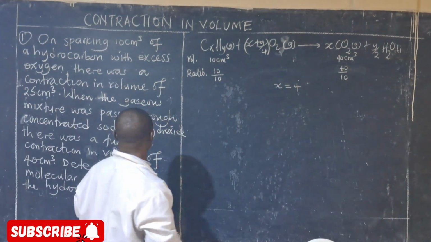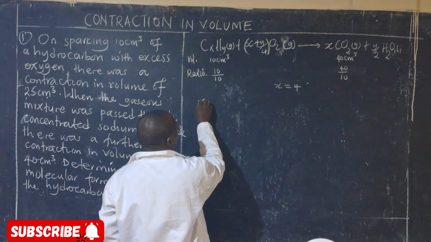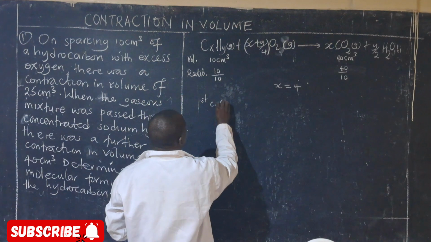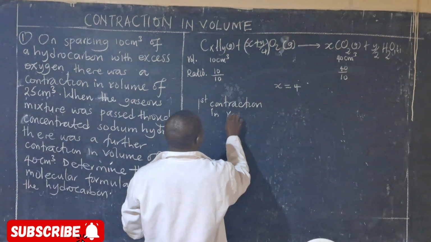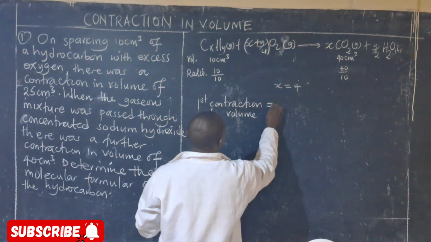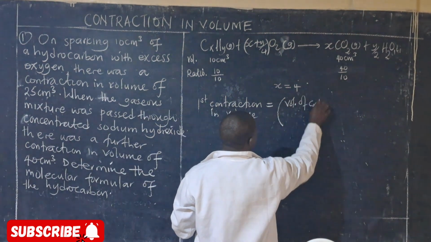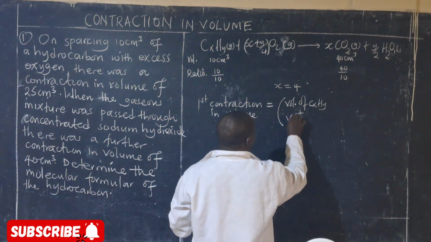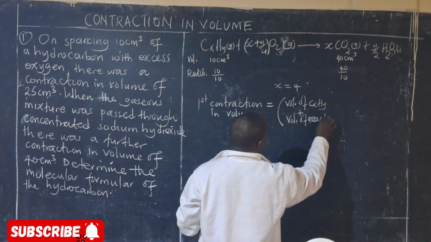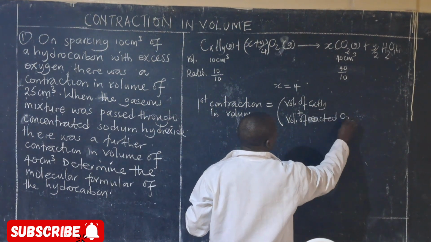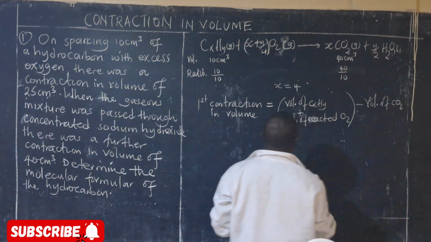So let's interpret this first contraction. The first contraction in volume would equal the volume of the hydrocarbon plus the volume of reacted oxygen, then minus the volume of carbon dioxide.